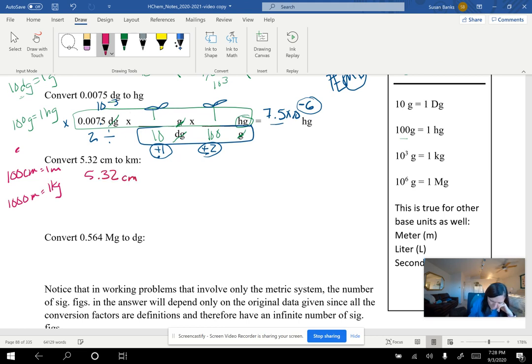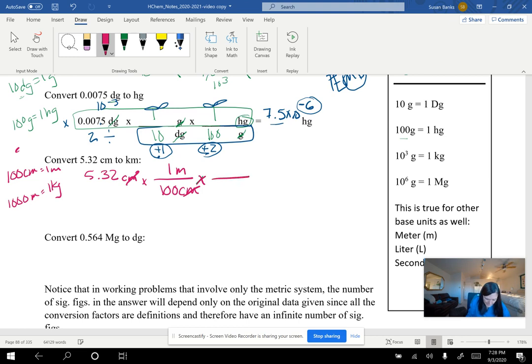So 5.32 centimeters. I want centimeters to cancel. So it needs to be on the opposite side. So the centimeters are going to have to be on the bottom of this next step. So I have 100 centimeters in 1 meter. Okay, so that gets rid of my centimeters for sure. And then, oh, now it changes color.